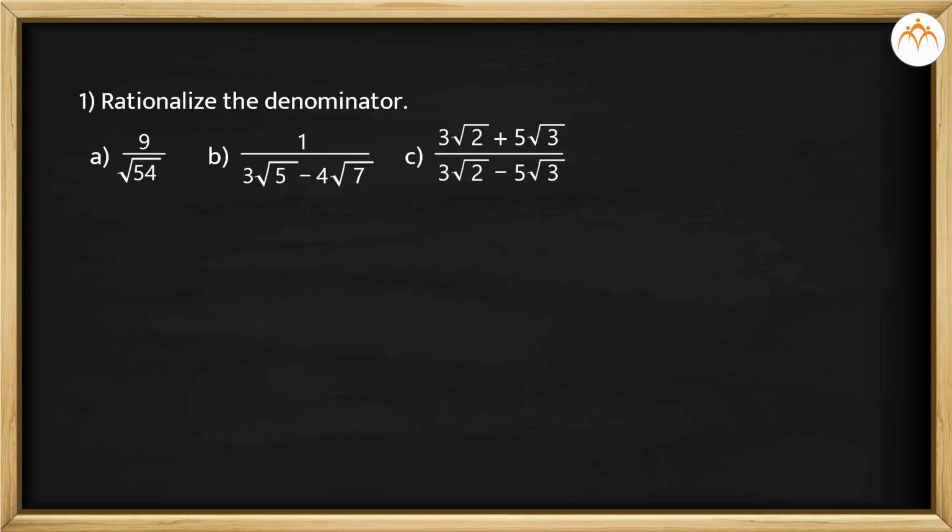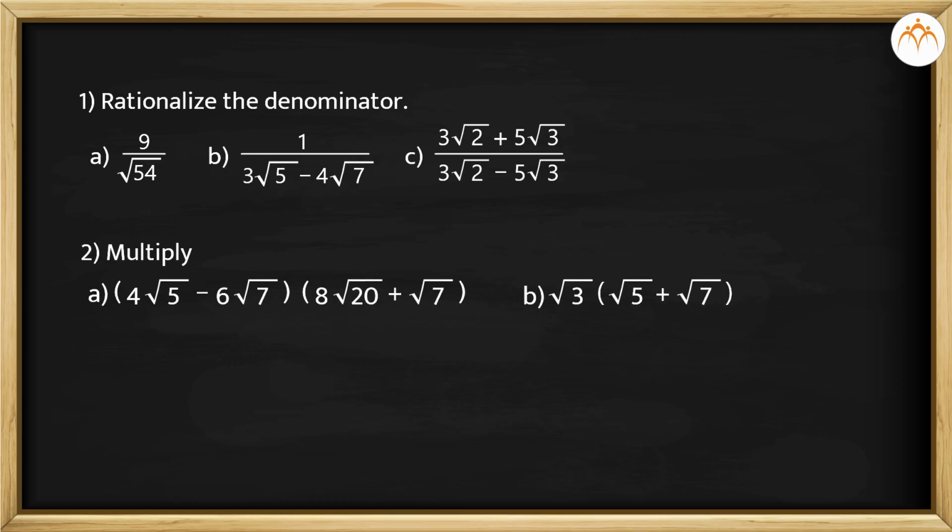Exercise. Rationalize the denominator. 9 upon square root of 54. 1 upon (3 square root of 5 minus 4 square root of 7). (3 square root of 2 plus 5 square root of 3) upon (3 square root of 2 minus 5 square root of 3).